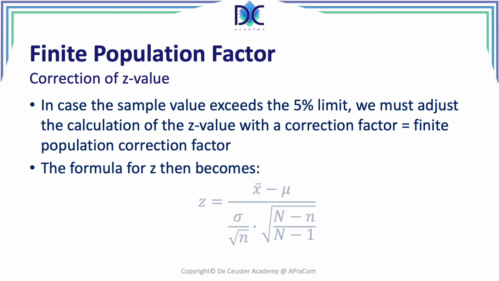The formula of z then becomes the z-value that we have, but we have to divide it by the square root of N minus n divided by N minus 1. Basically what we are going to do is reduce the standard deviation, because we don't have an infinite population, we have a finite population, and we have to adjust the standard deviation for this population.